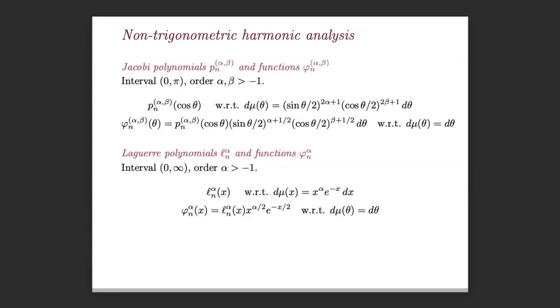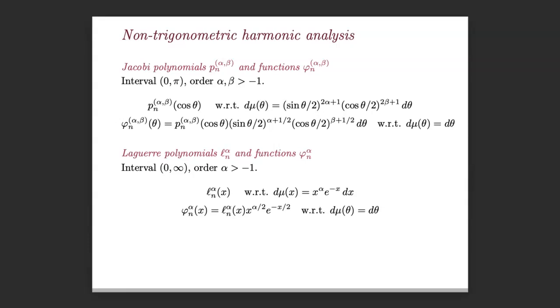So typical examples of non-trigonometric systems are the Jacobi polynomials of order alpha and beta, both bigger than -1, which are orthonormal on the interval (0, pi) with respect to this measure involving the sine and the cosine.